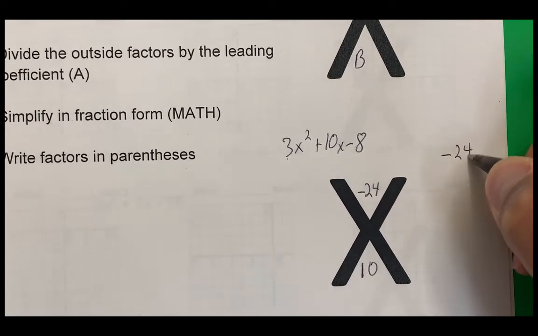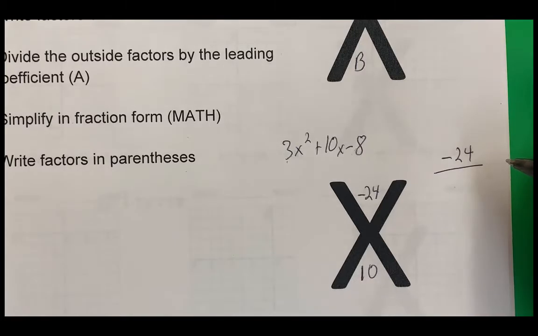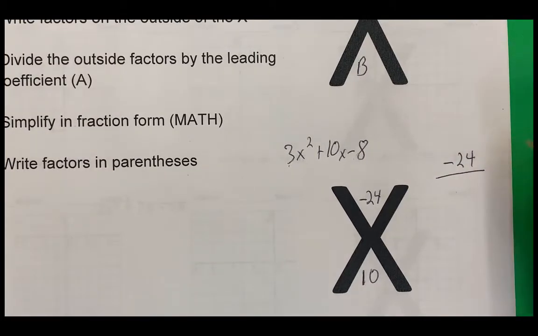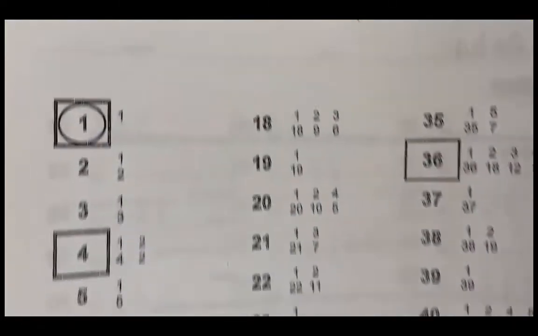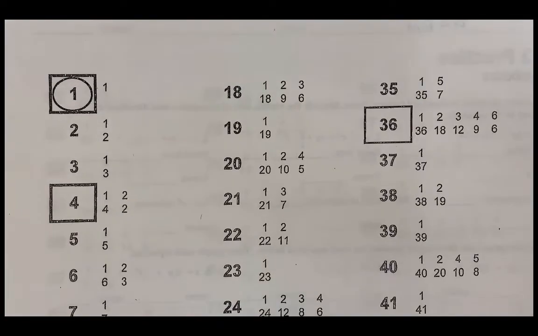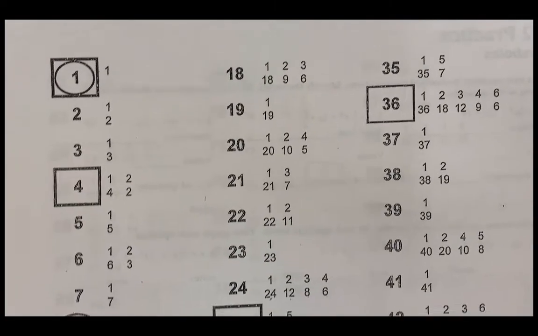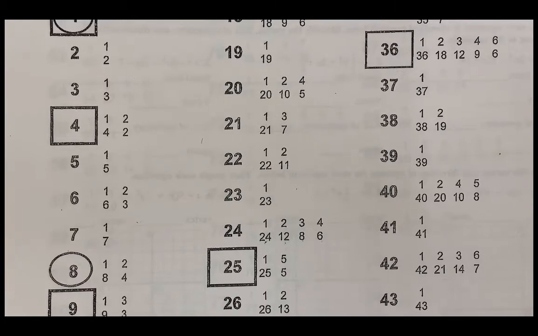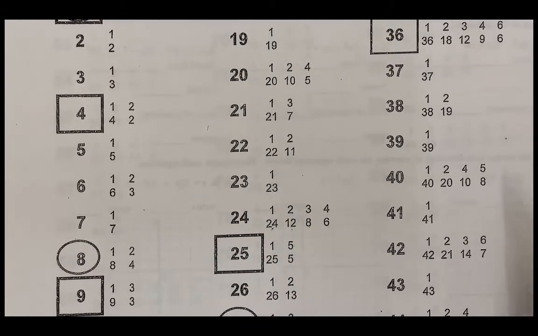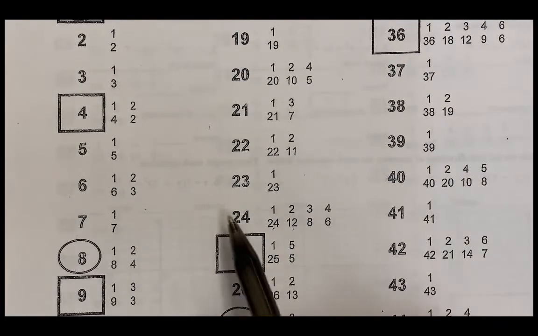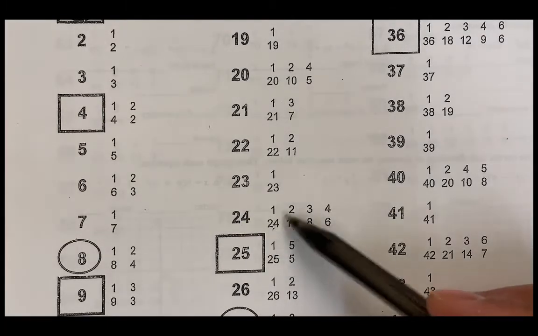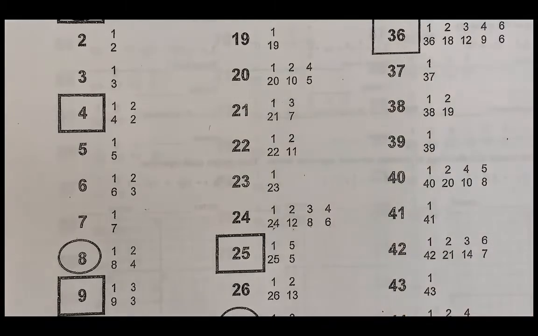And so what I usually have students do is just list out the factors. But instead of making you guys memorize them, we do give you this sheet. And this is our factor sheet. What it does is it lists all the numbers 1 to 100, and with each number, lists all the factors of that number. So if we came down to 24, we have all the factor pairs that multiply to 24.